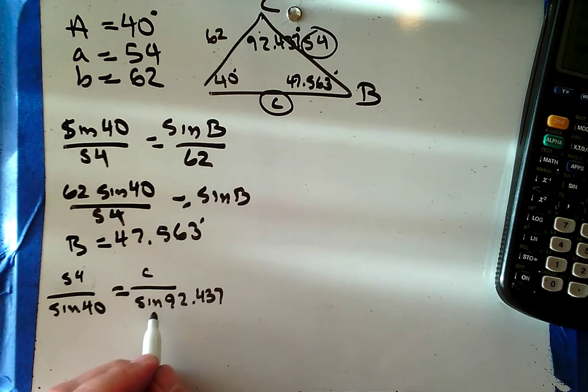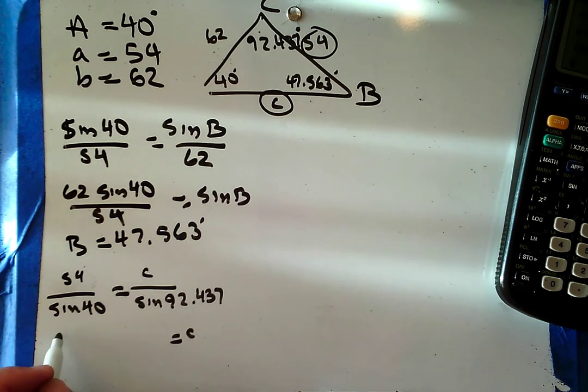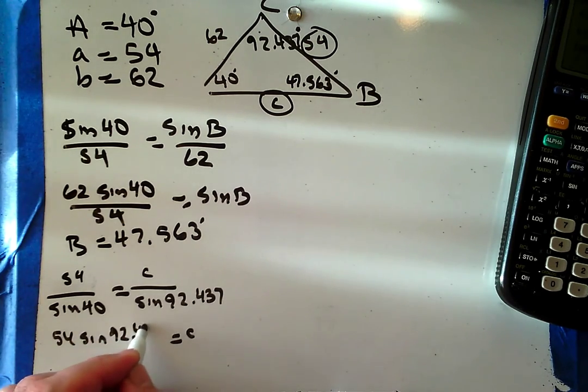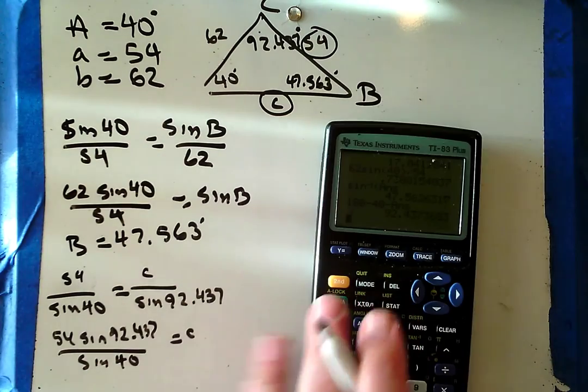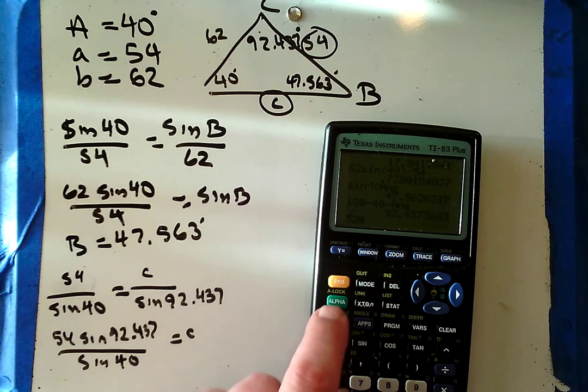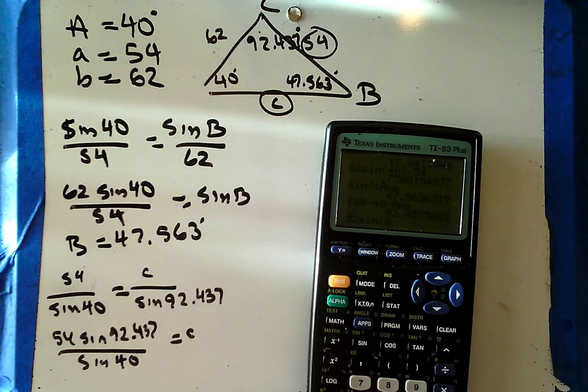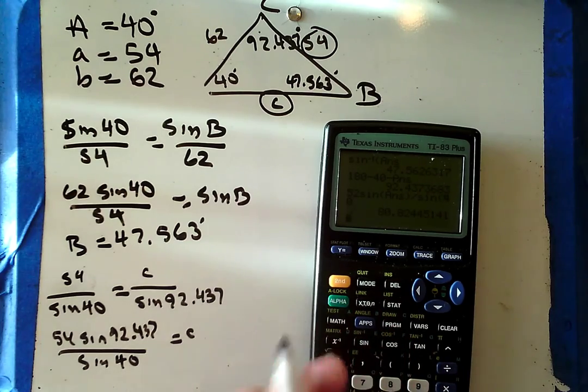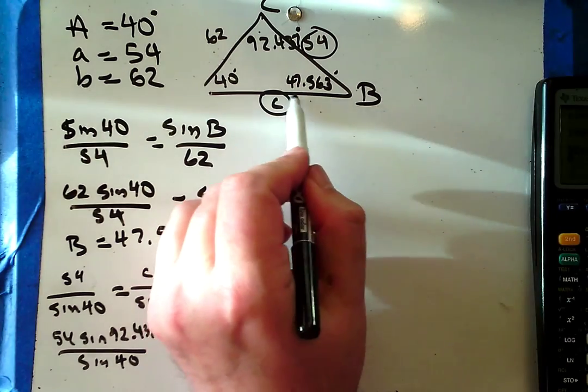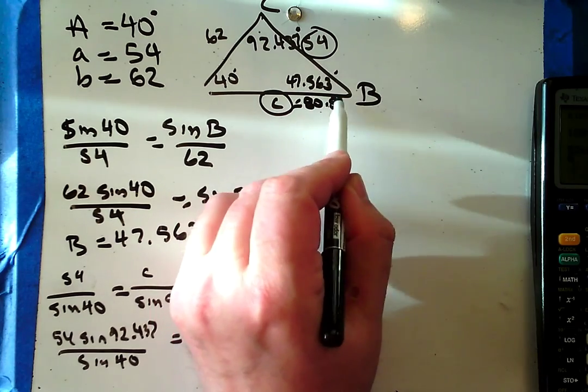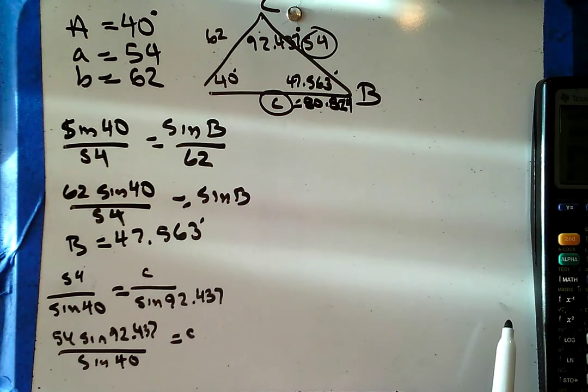I multiply both sides by the sine, and I get that little c is 54 sine of 92.437 over sine of 40. So 54 sine of that answer divided by the sine of 40. And I end up with 80.824. Okay, so there's my first solution.